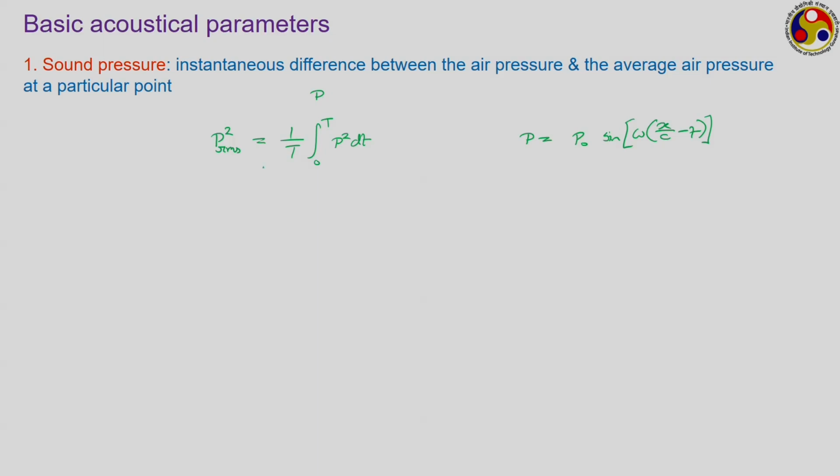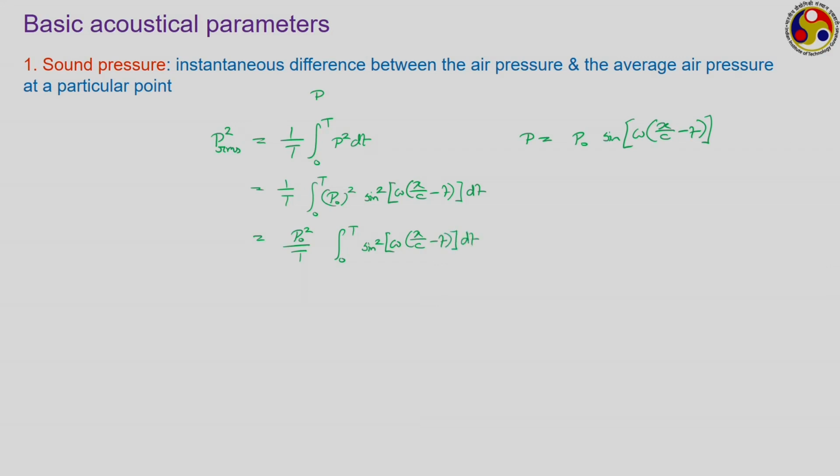So, when we put it here, we have 1 by T integral 0 to T P naught square into sine square omega into x upon c minus t dt. That is, we can take this P naught square outside the integral 0 to T of sine square omega into x upon c minus t dt.